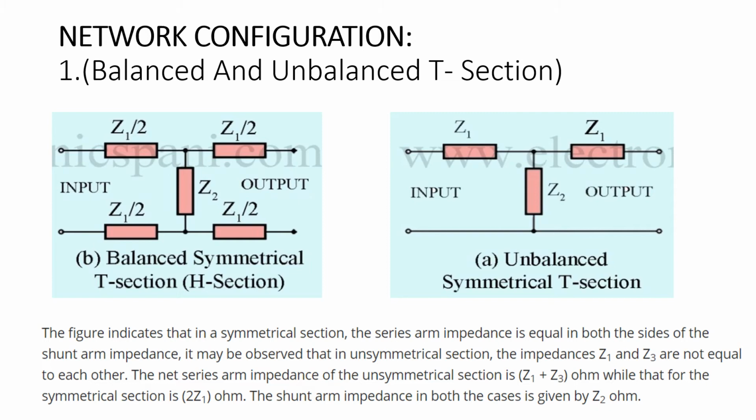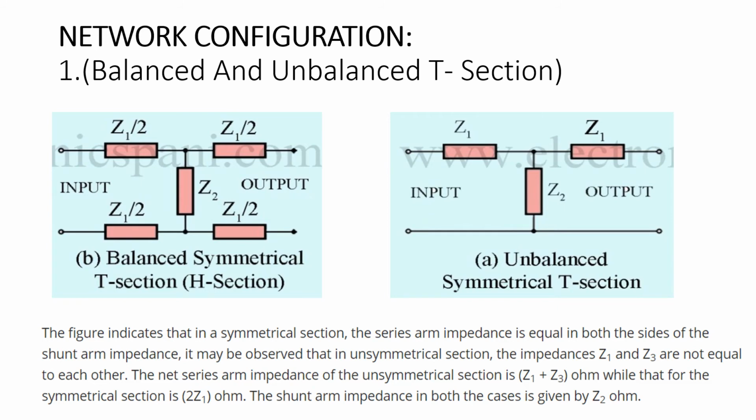And in balance, the net series arm impedances of unsymmetrical section is Z1 plus Z3 ohm, while that for the symmetrical section is 2Z1 ohm. The shunt arm impedance in both the cases is given by Z2 ohm.